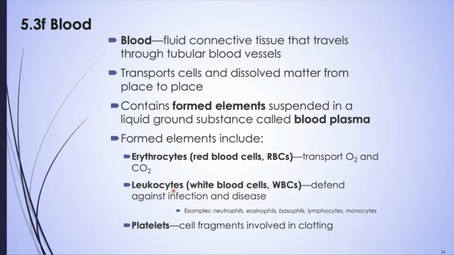Those leukocytes are going to help defend against infection. Remember, I had told you a few slides back, there are more leukocytes than they put on that last slide. And we have neutrophils, eosinophils, basophils, lymphocytes, monocytes. Platelets are going to be cell fragments. And those cell fragments are essential in blood clotting.